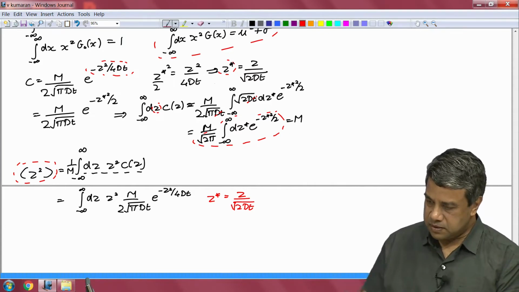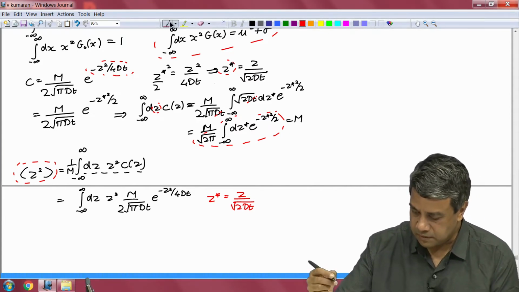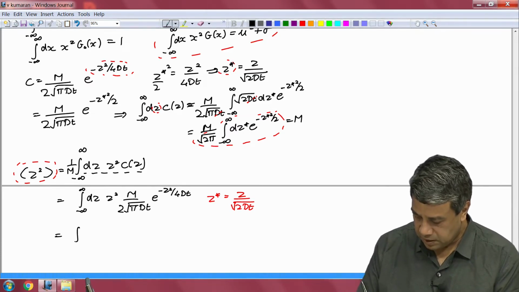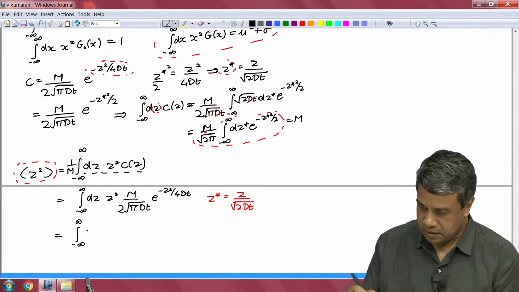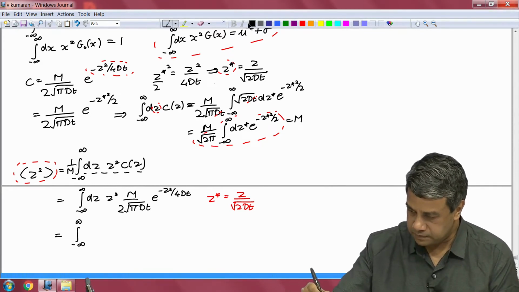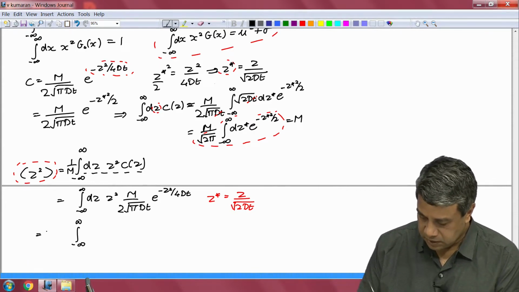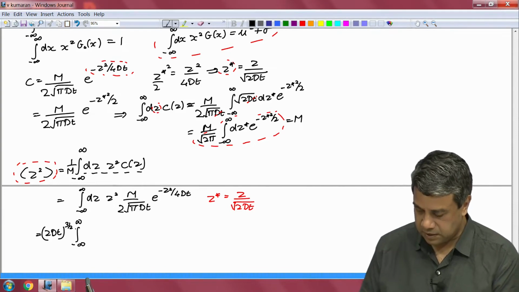So, now I substitute z star is equal to z by root of 2 dt. So, this will become equal to the integral from minus infinity to infinity. I will get a factor out of 2 dt whole power 3 halves.